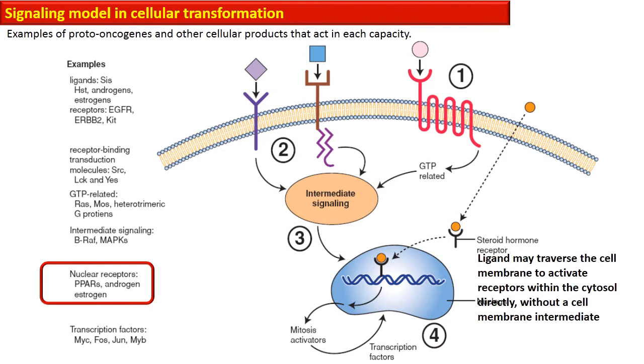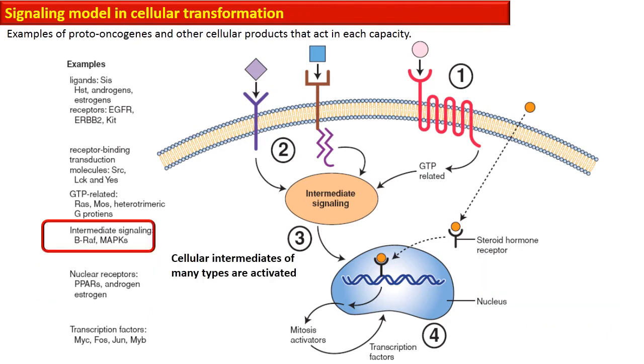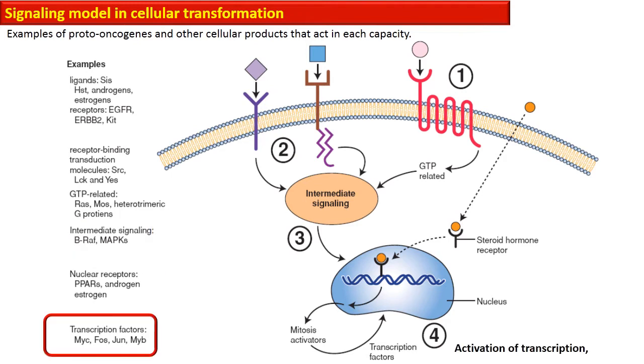After activation of the receptor, there is then intermediate signaling activation, such as BRAF and MAP kinase activation, and after that the activation of transcription. Important transcription factors are MYC, FOS, JUN and MYB.